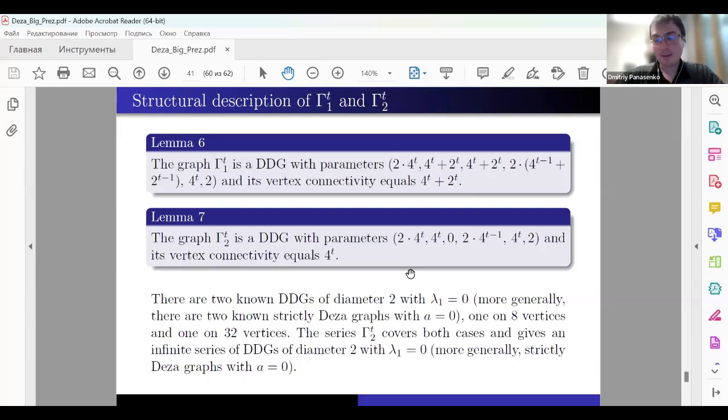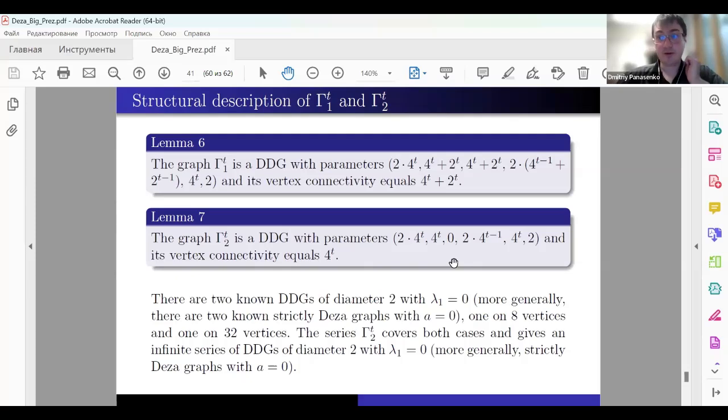And accidentally, we were able to find a construction that gives infinitely many graphs of diameter 2 with a equals 0. We still don't know; probably there are other constructions for graphs with a equals 0 that have diameter 2, but we don't know exactly. It is an open question to know what strictly Deza graphs with a equals 0 exist.